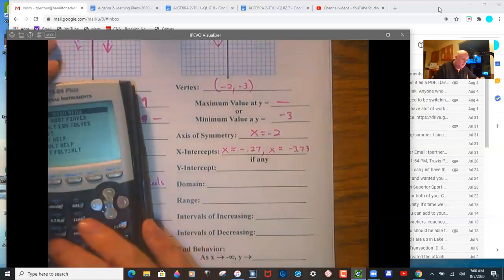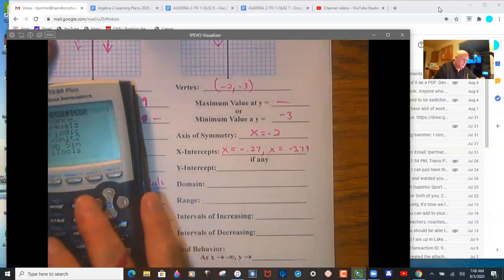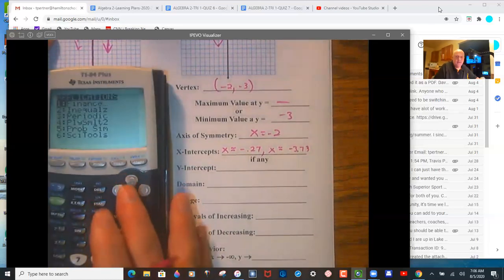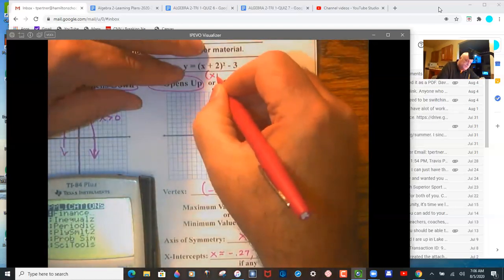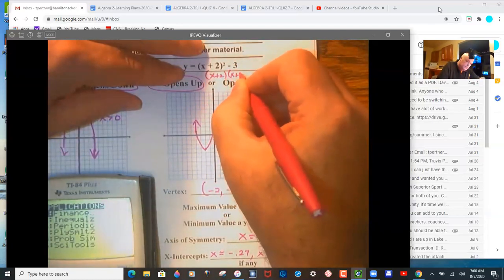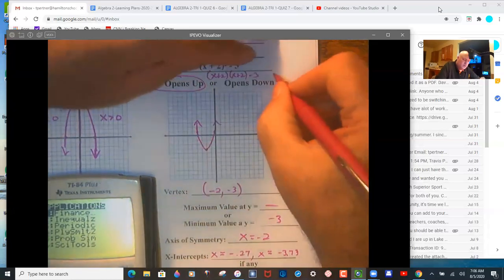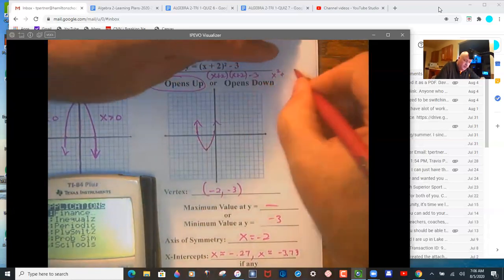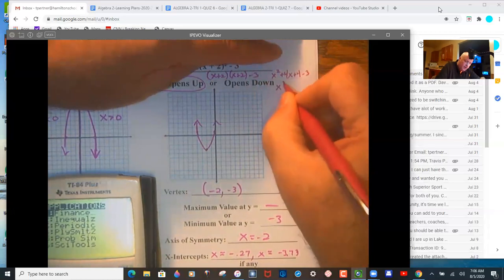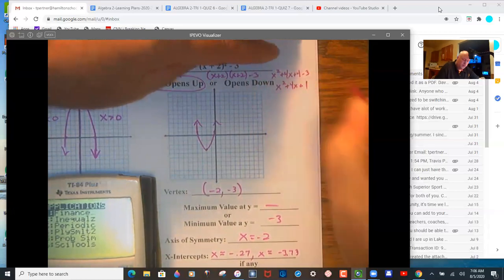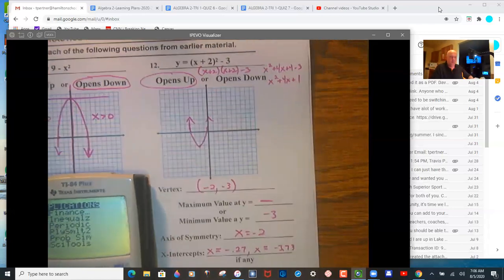Oh, well, okay. I see. A little tricky. I'm not being nice to you on this. So you have to square this out. So x squared plus 2x plus 2x plus 4x plus 4 minus 3. You have to run x squared plus 4x plus 1 through.